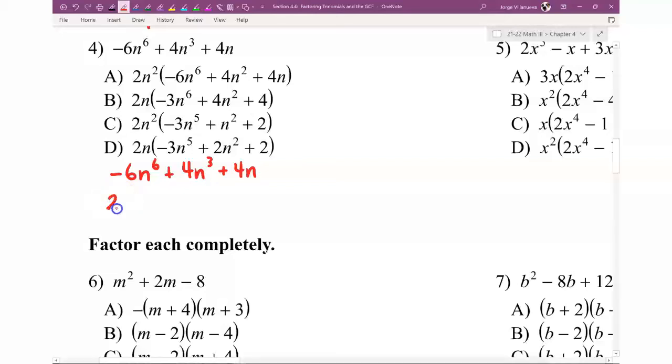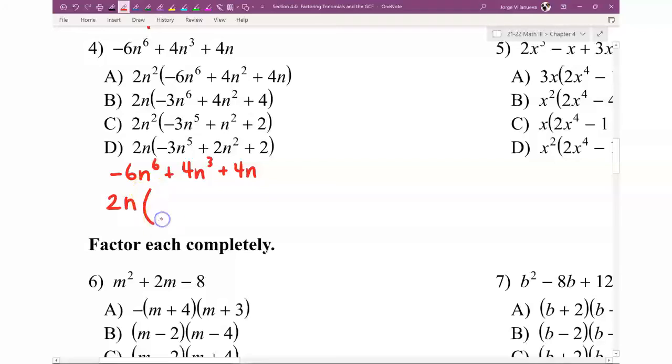So I'm going to put the 2 right here. Is there a letter that they all have in common? How many n's do they have in common? Just 1, right? You might say, no, they have 6. But remember, do they all have 6 n's? No, right? We're trying to figure out how many variables they all have in common. Well, they all have at least 1. So I'm going to put that right there.